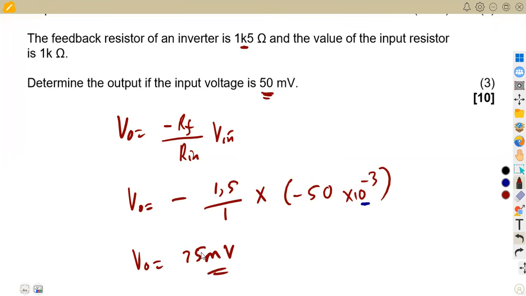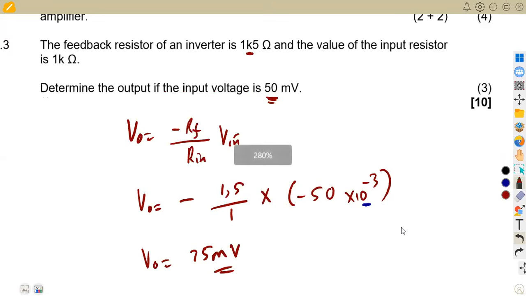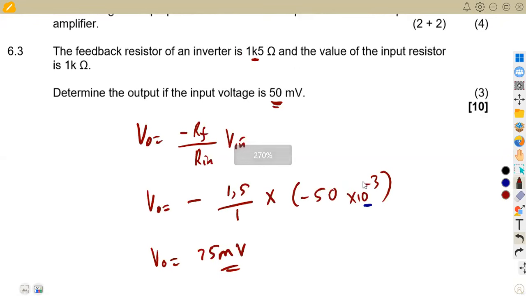Or if you want, you can just ignore the negative of the voltage here. You use this as a positive, but you must know that at the end, our answer is supposed to be a positive because it is opposing what we have at the input, all right? At the input, negative, at the output, positive. But for a non-inverting, it's in phase. The output and input, they are in phase.